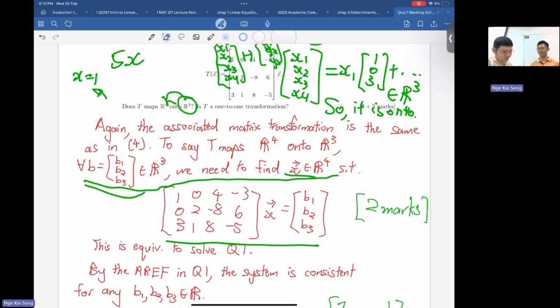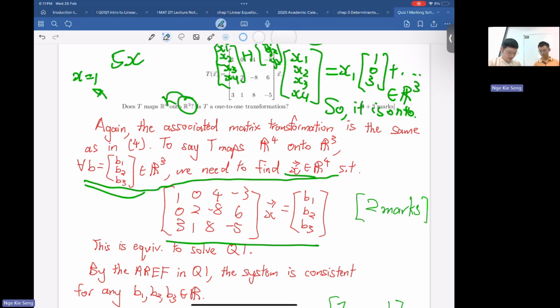No, because this has n here. We didn't define parametric vector form for the associated linear system. This is not parametric vector form for a linear system.